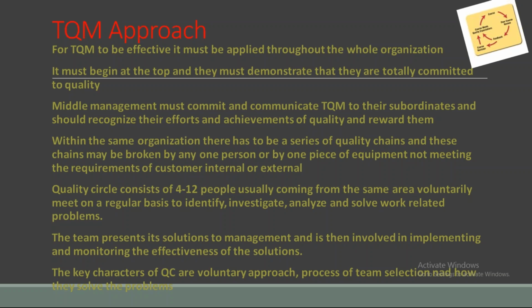So to do that, what we have is what we call a quality circle. A quality circle is simply a couple of people getting together on a volunteer basis. Their job is to identify, investigate, and come out with solutions for quality problems on a regular basis.